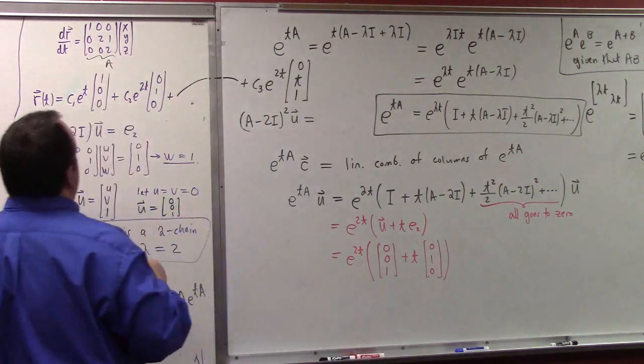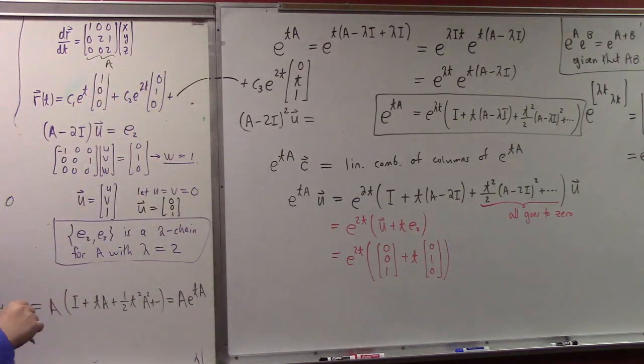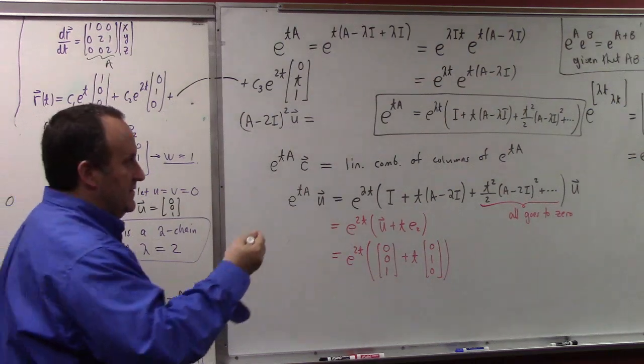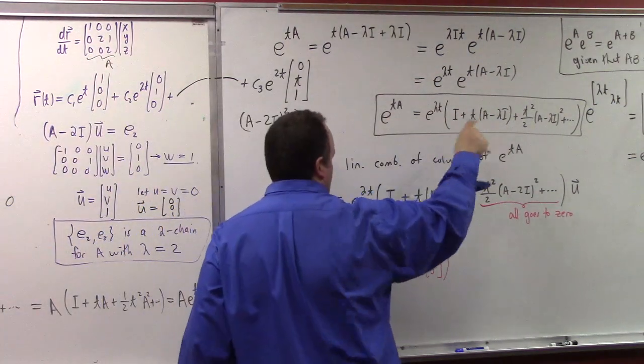That is the general solution to this system of differential equations. So to finish the solution, we use the generalized eigenvectors and multiply them across this formula.